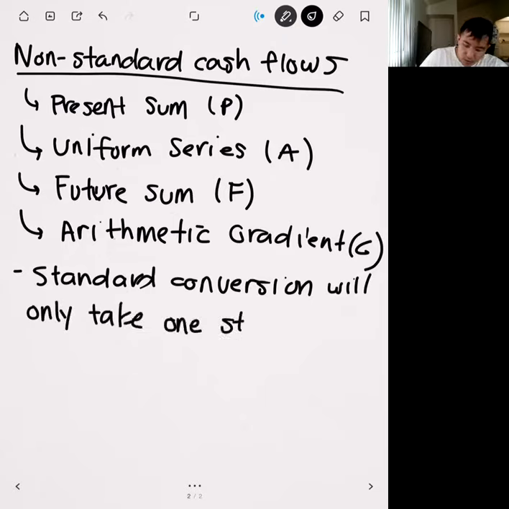For example, converting between a uniform series and a present sum, you would only look up one value in the compound interest tables or apply one formula. Non-standard conversions will usually take more than 1 step, most of the time 2, though sometimes you might have to apply 3 or more. But 2 is good enough for everything in this class.